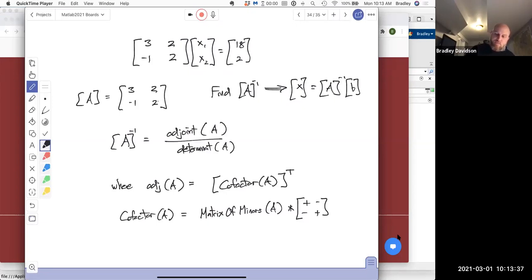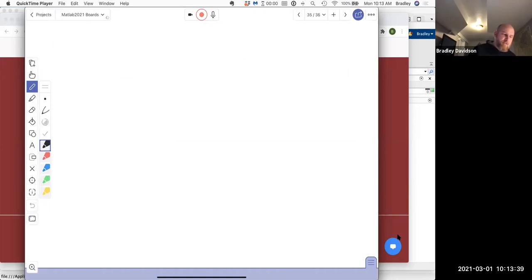To remind us, we've got our A matrix, which is 3, 2, -1, and 2. You've actually been working with a matrix of minors multiple times. We did it last time with our determinant, where we would choose an element, and then cover up the column and the associated row with that element.